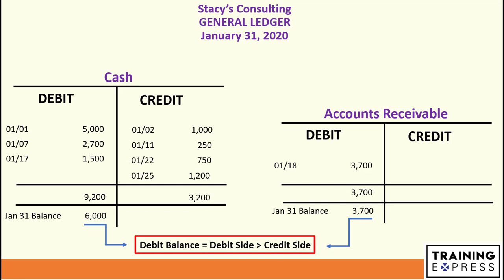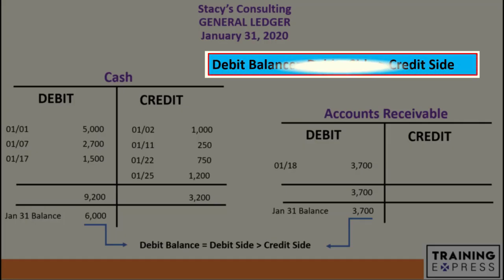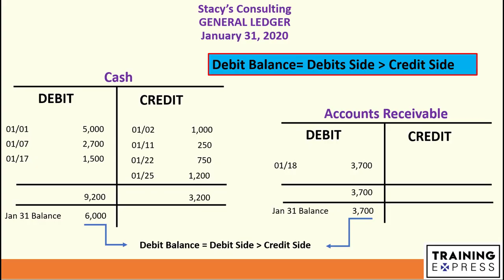Again, whenever the debit side of a T account or ledger is greater than the credit side, it is called debit balance. So at the end, let's again recap what we have learned here: when the debit side is greater than the credit side, it is called debit balance.